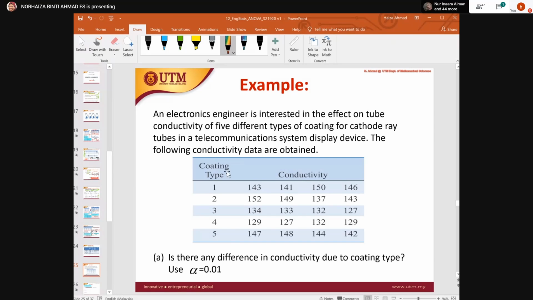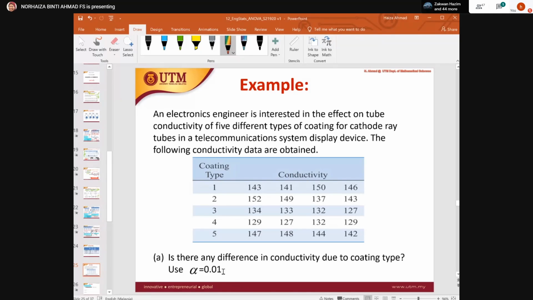These are the conductivity data. The question is: is there any difference in conductivity due to coating type? Is there any difference between the coating types? Use alpha 0.01, which is an indication of a hypothesis test.